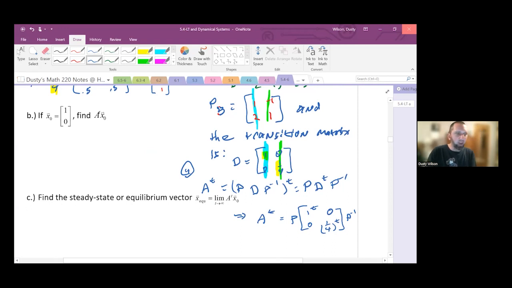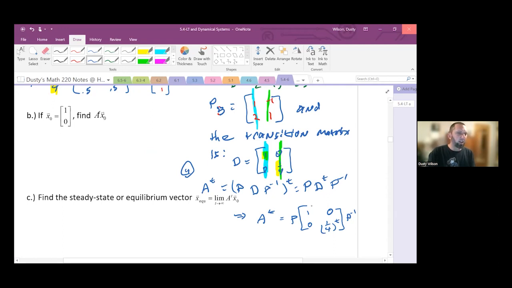But notice that 1 to the t is simply 1, so we don't even need the t power there on the 1. Because this was a transition matrix, with an eigenvalue of 1, and because we were able to diagonalize, A to the t is really easy to write down.